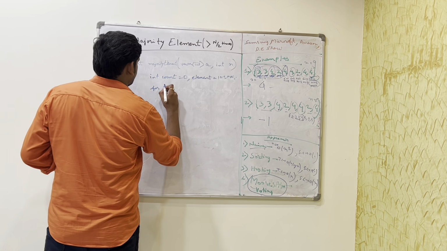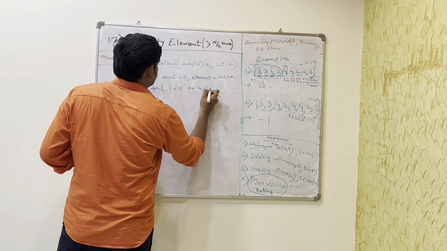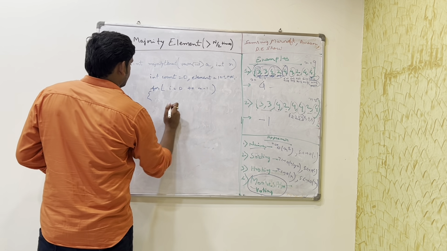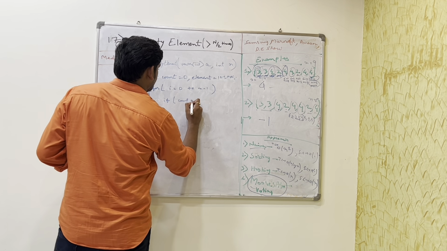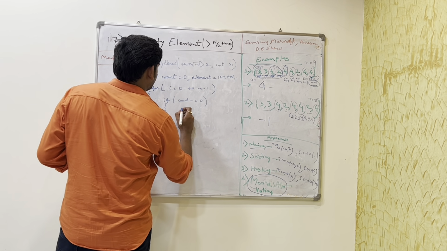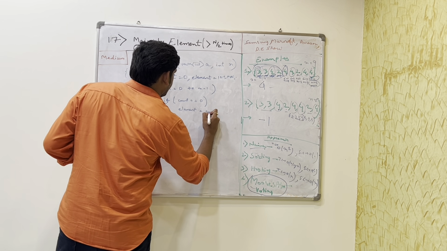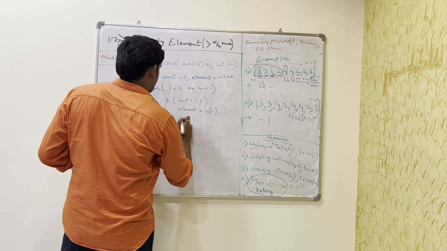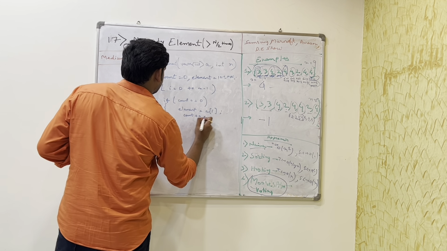So we will traverse this from 0 to n-1, and if count is equal to 0, then element would be our A[i], and we will increase the count also, count plus plus.